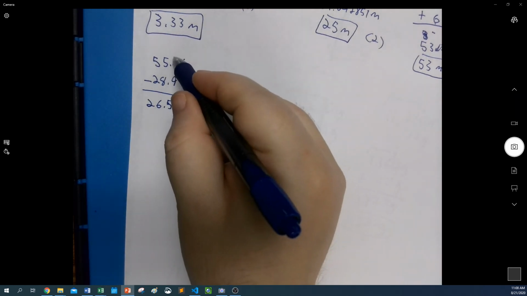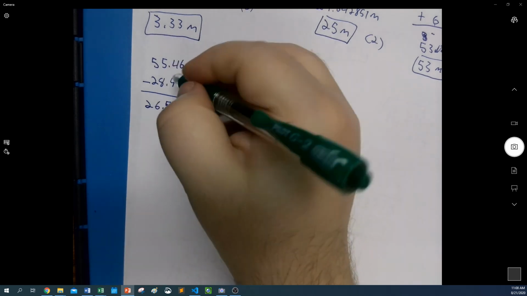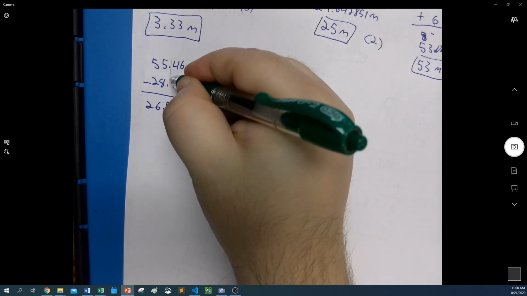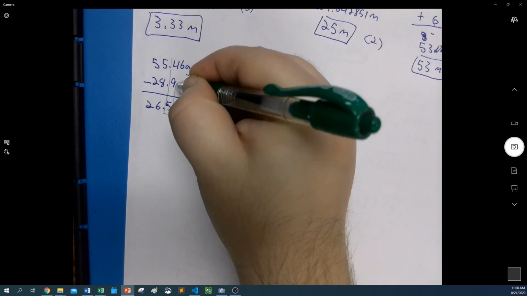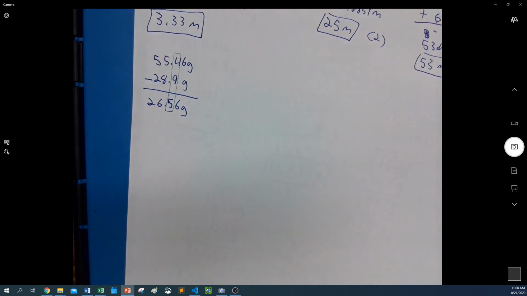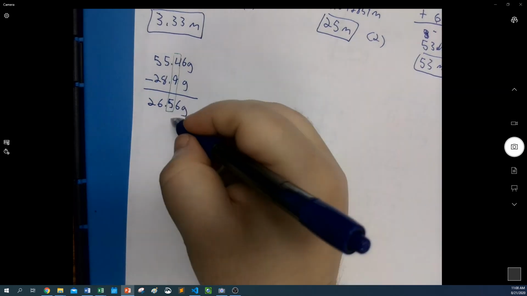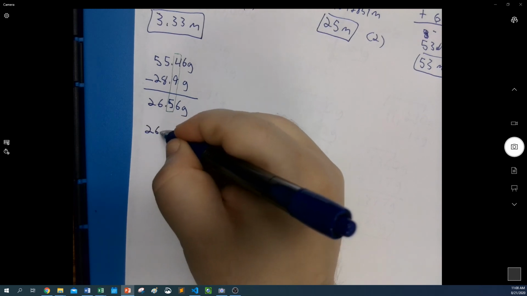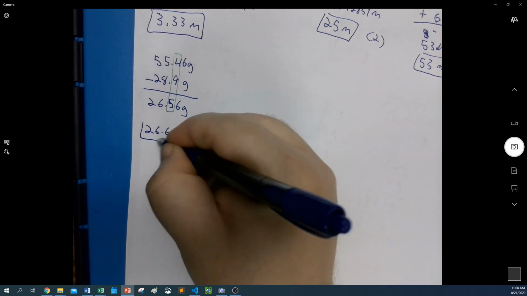So we would cut it off on this because there's nothing here. And then we have to round, so that'd be 26.6 grams. That would be how you would record your answer.